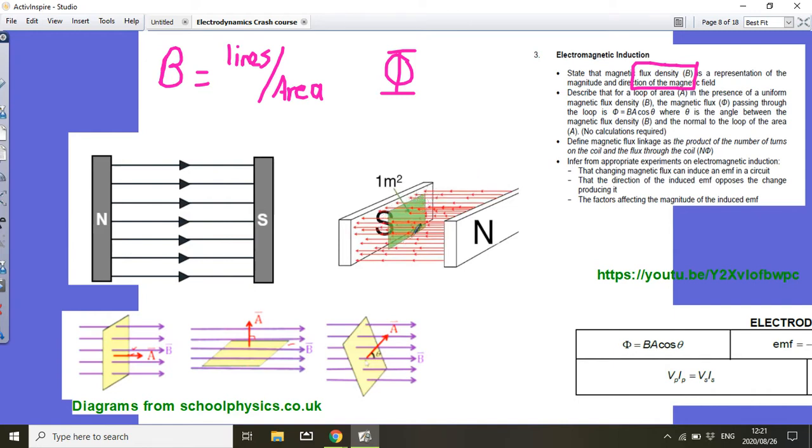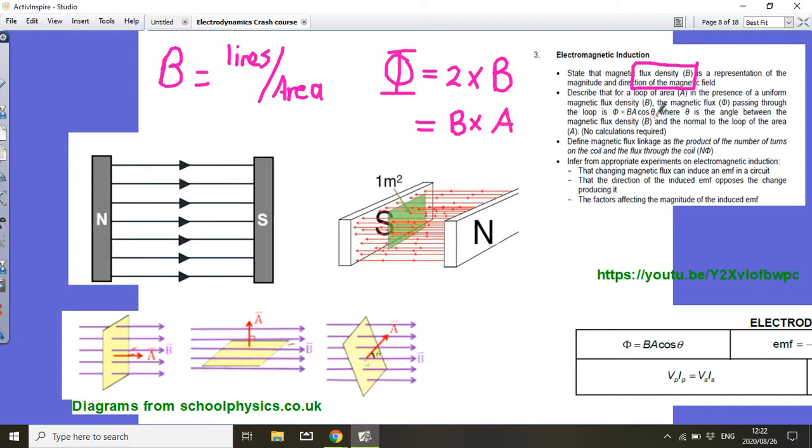If you have 10 lines in that little block and you add another little block next to it that's still inside this magnetic field, then there are going to be 2 of these blocks. So you're going to say 2 times the number of field lines there, so 2 times B. And that is why flux is B times the area, B times A.